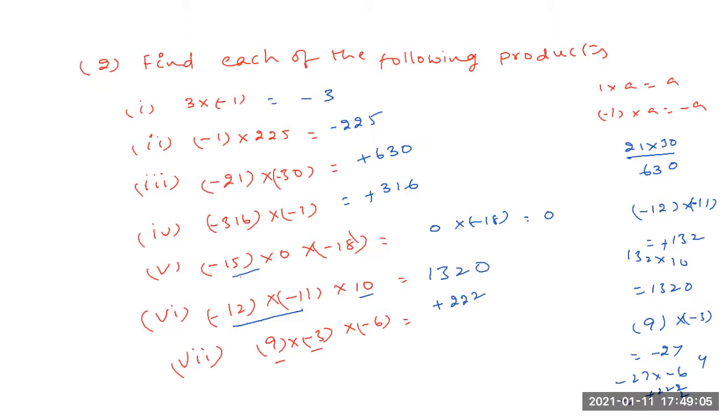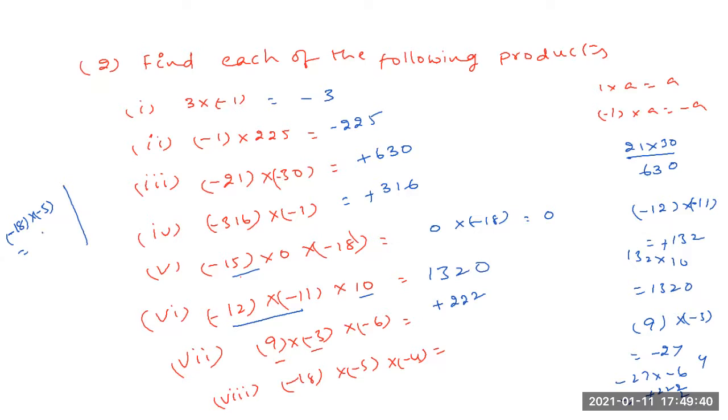Okay. Now eighth number. Okay. So here all are multiplications: minus 18 into minus 5 into minus 4. So first I am going to take minus 18 into minus 5.